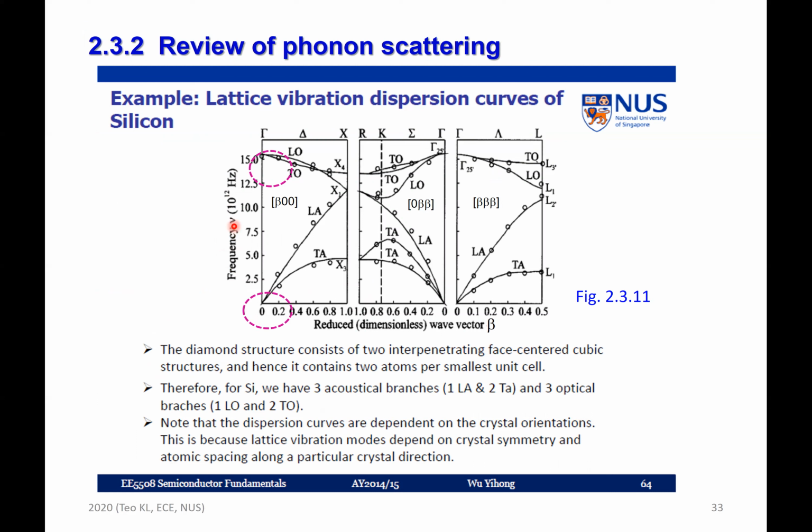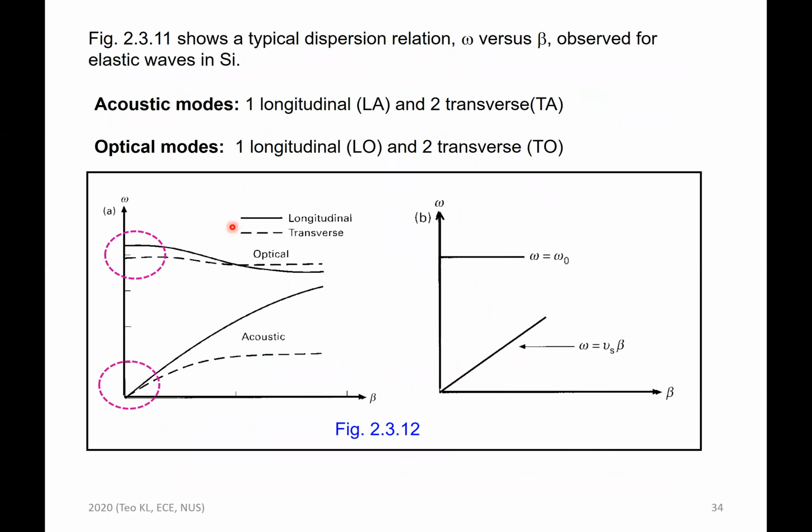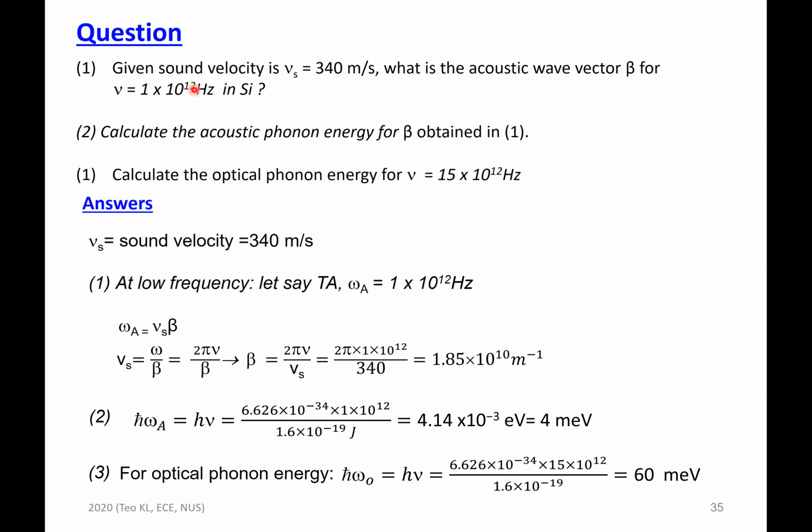Some textbooks will plot as omega, but omega is just 2 pi mu, just a factor of 2 pi. So for our analytical calculation, to be exact, based on this graph, it is frequency. So the frequency is 1 times 10 to the power of 12. So this should be the frequency and not omega.